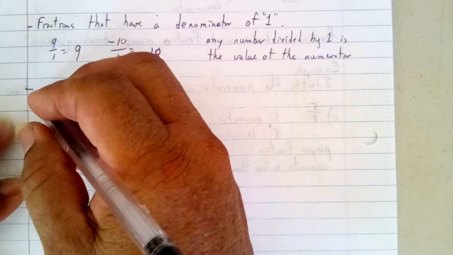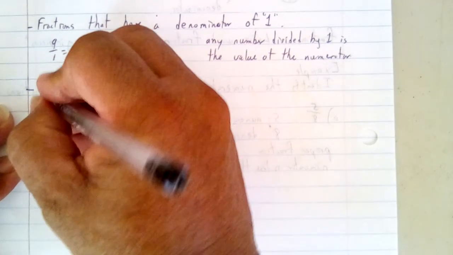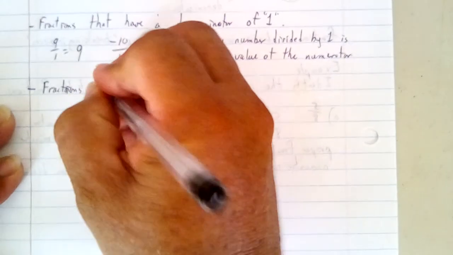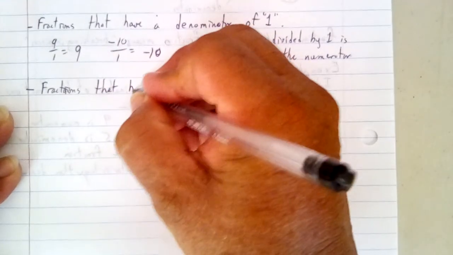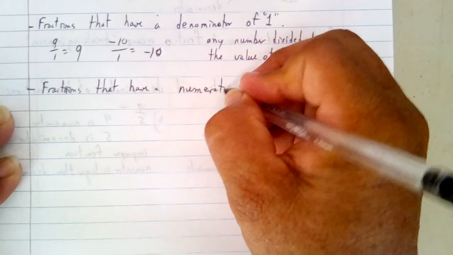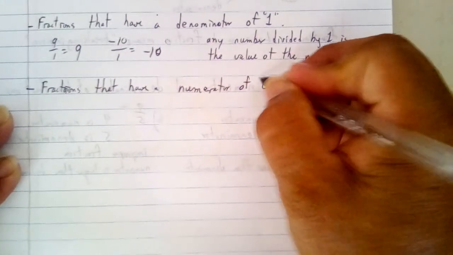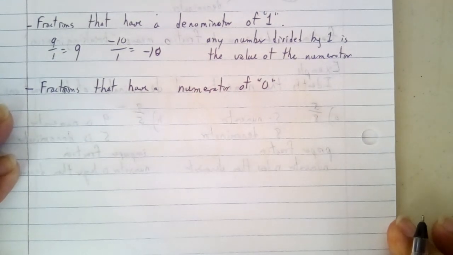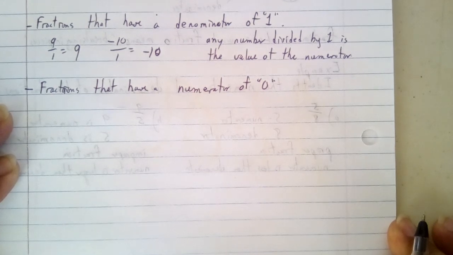The third one says fractions that have a numerator of 0. What can we say about that? It's just that we have a division of 0, in other words.